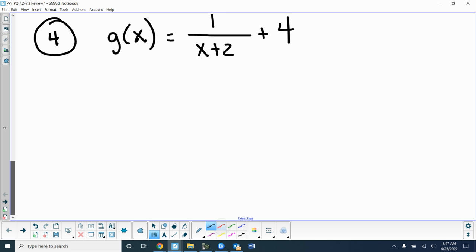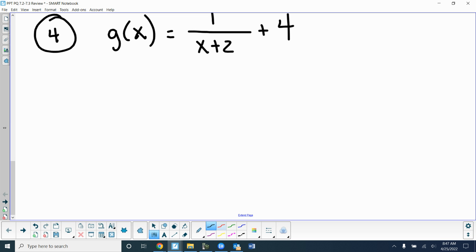So what's my domain? X is all real numbers except -2. And my range is all real numbers except 4. Right? Everyone okay with that?